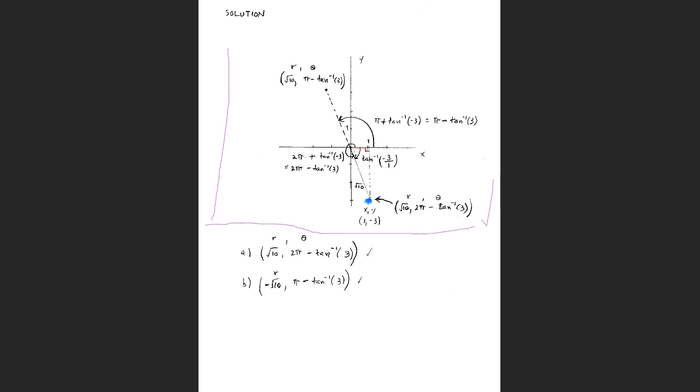So this is the right triangle. With any right triangle, you always want to know the hypotenuse. Well, 1 squared plus -3 squared is 10. So the hypotenuse is square root of 10.